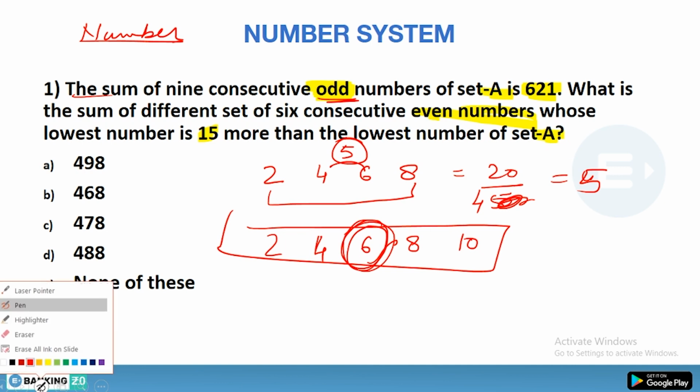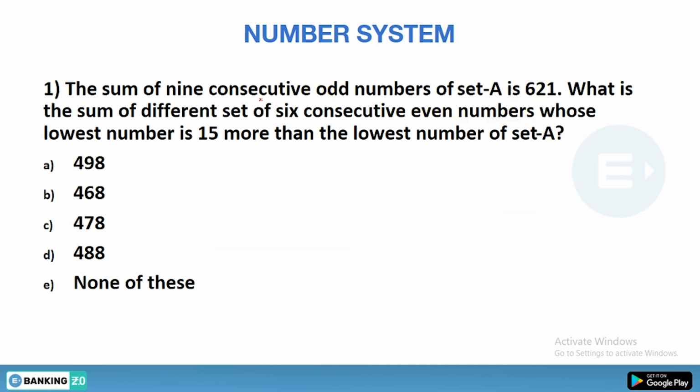Now we have a consecutive odd number set, and the sum of the 9 consecutive odd numbers is given as 621. So we divide by 621 by 9 to find the middle value of these consecutive numbers. 9 sixes are 54 and 9 nines are 81, so we get 69.